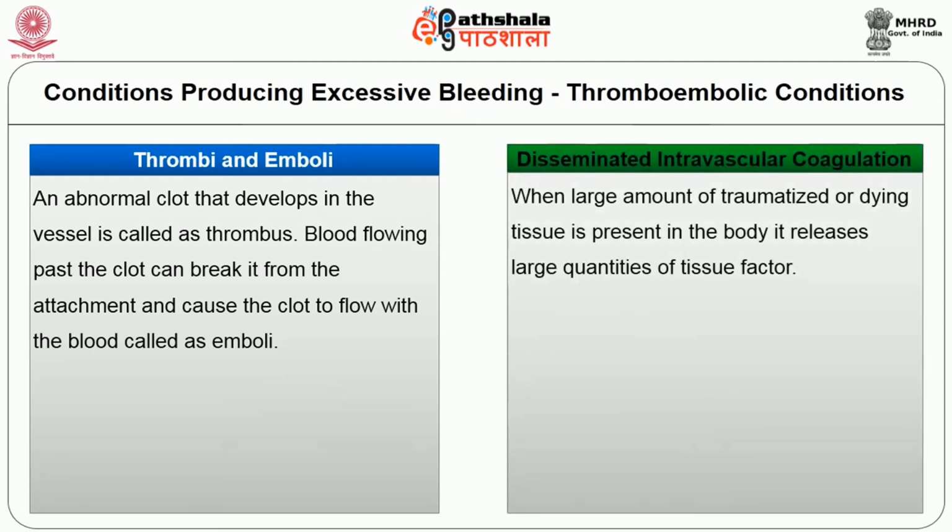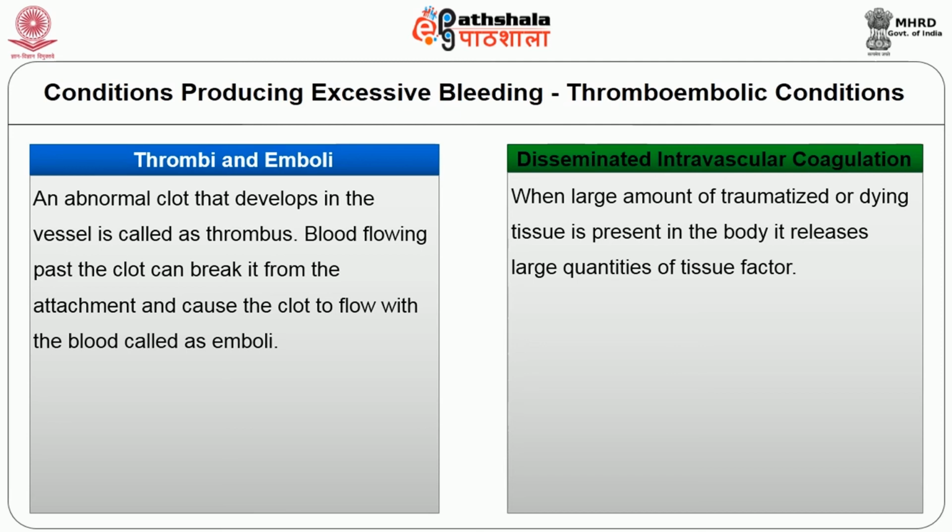Another related condition is disseminated intravascular coagulation. Here, when a large amount of traumatized or dying tissue is present in the body, it releases large quantities of tissue factor. Clotting mechanisms get activated in widespread areas of the circulation, giving rise to this condition.